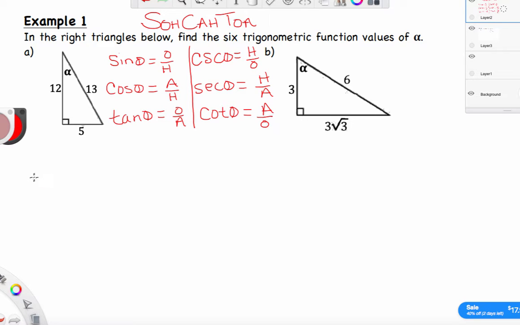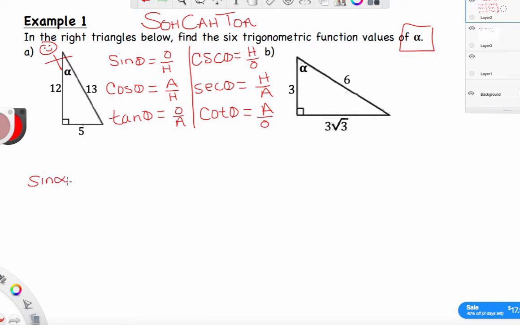So I'm going to start with a little assembly line here. The angle that they're telling us to position ourselves at is alpha, and so I'm going to be working at the top here, and I'm going to make a little assembly line.